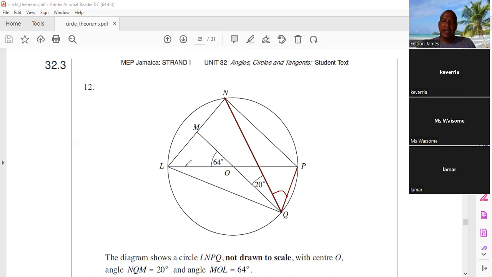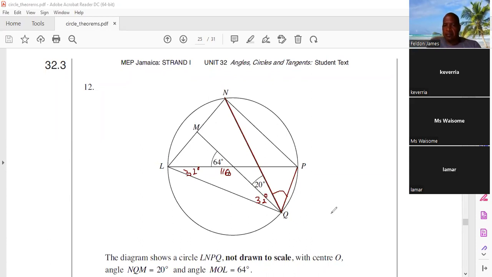Remember that this angle is 32. And because it's an isosceles, this angle is also 32. We know that this angle here is 116. So these are what we know from calculation already. Now, what can you pick up from this angle?